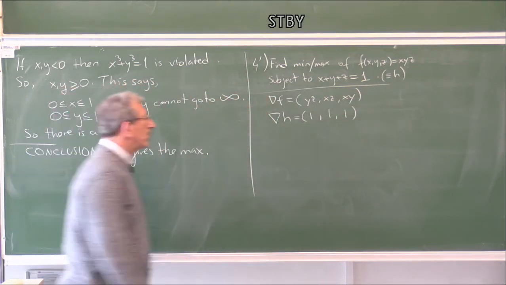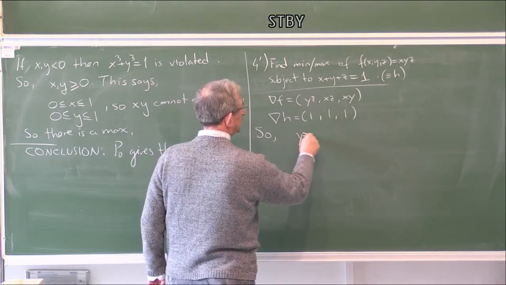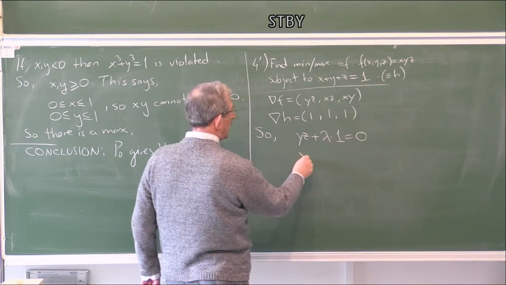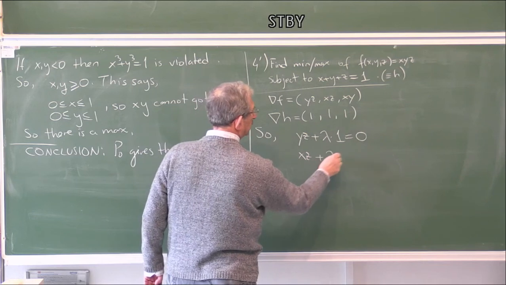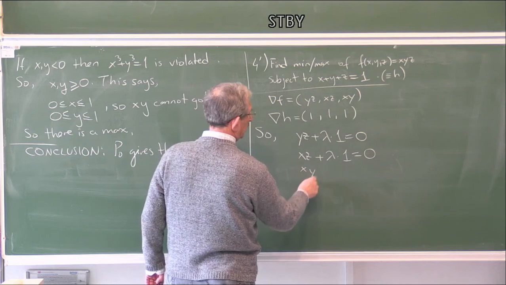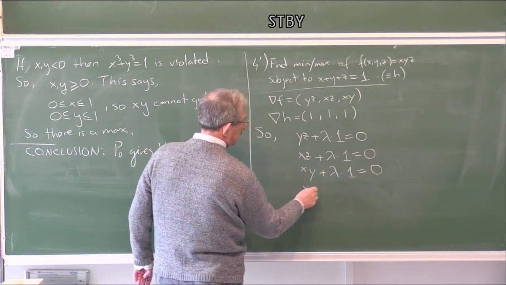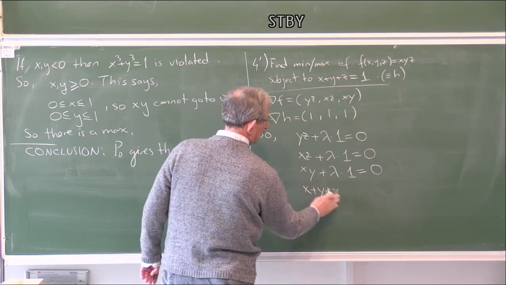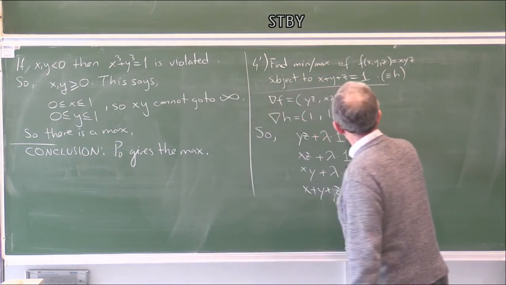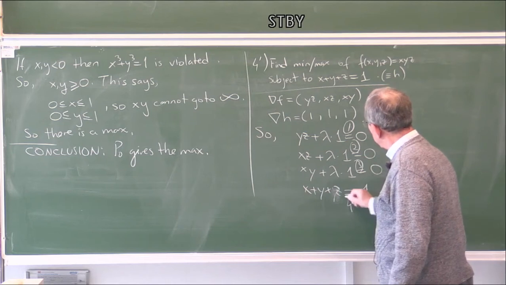So, the equations we get: yz plus lambda times 1 is 0. xz plus lambda times 1 is 0. And xy plus lambda times 1 is 0. And the sum is 1. So this is the first equation. This is the second and third and fourth.